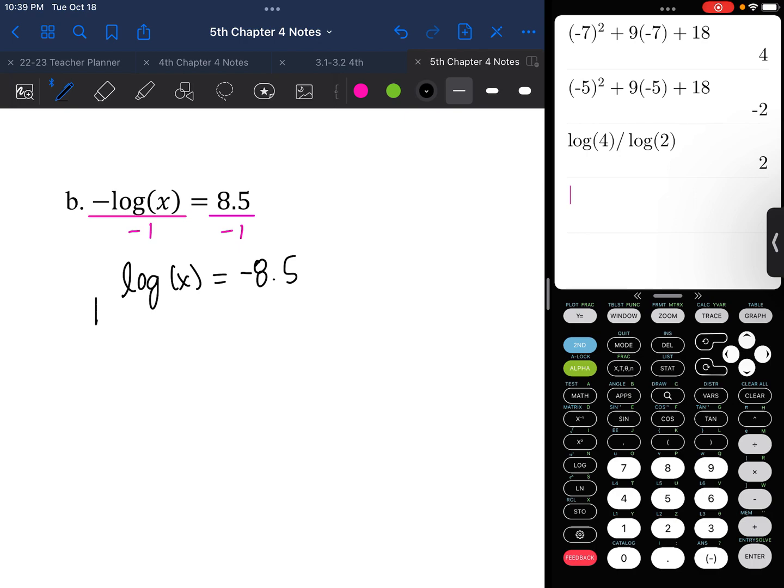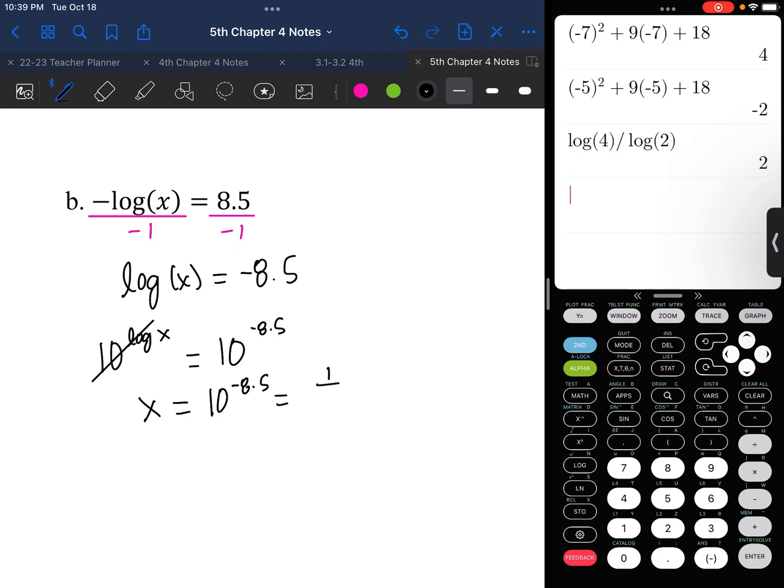So let's go ahead and take 10 to the power of log of x and set that equal to 10 to the negative 8.5. Now this part's going to cancel. We're going to be left with x equals 10 to the negative 8.5.